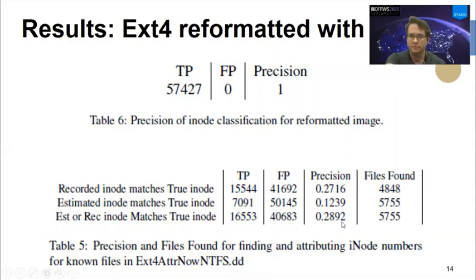In terms of the precision in naming the inodes we found, we achieved a maximum precision of 28.9%. So the results here were much lower for ext4 than they were for NTFS, at least when looking at recall.